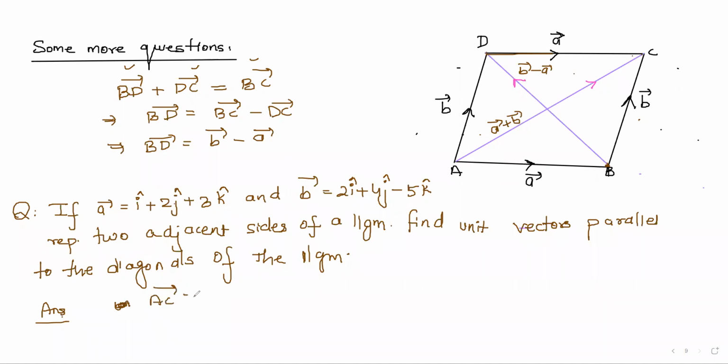AC should be 3i cap plus 6j cap minus 2k cap. Next you have BD. BD is i cap plus 2j cap minus 8k cap. Okay, then you have to find the unit vector. If you are not getting this, then please again check the calculation.